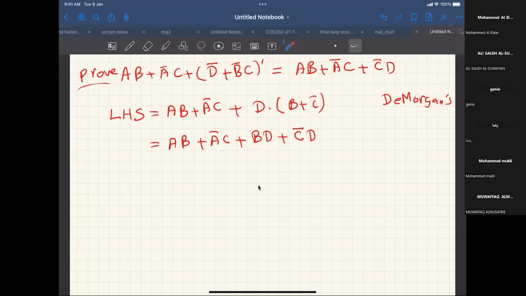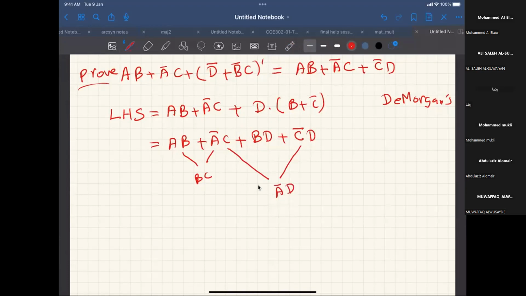Probably it's a consensus of two terms. Let's see. These two terms, the consensus here is going to be BC. And these two have a consensus of A complement D.